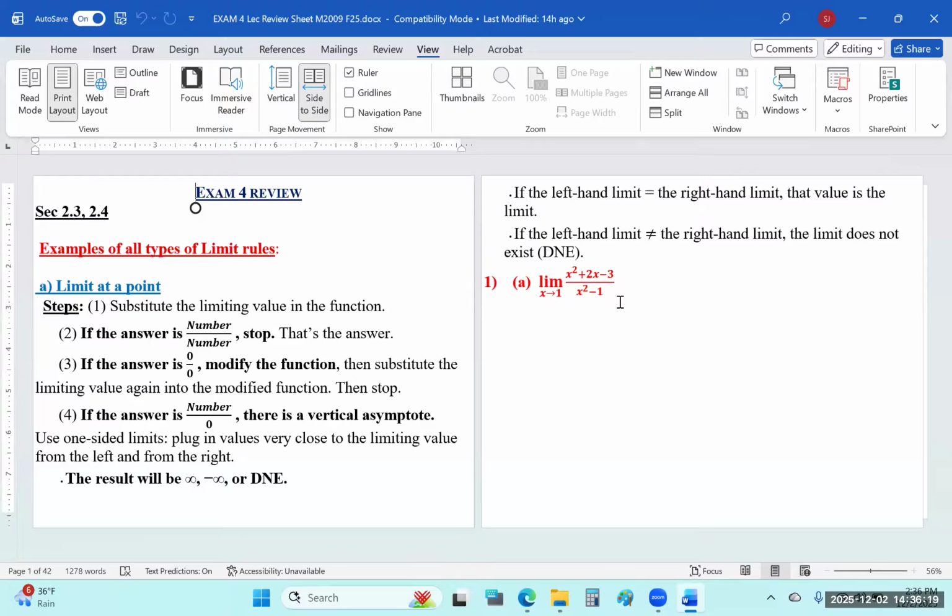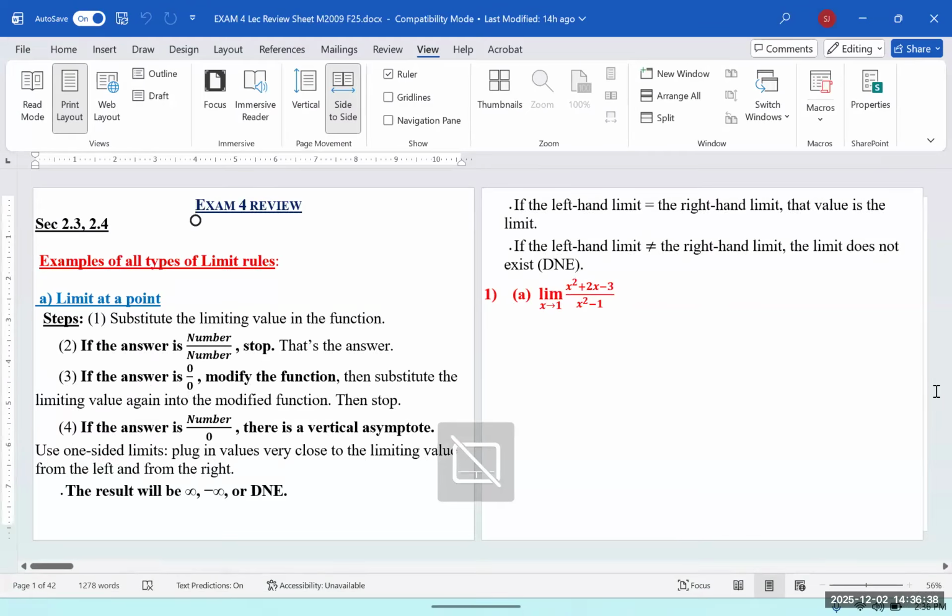So we are going to do a few examples on this. For example, the first one, we are taking the limit as x goes to 1 of the function x squared plus 2x minus 3 divided by x squared minus 1. So in step 1, we are going to substitute the limiting value and see what type of scenario we are dealing with.